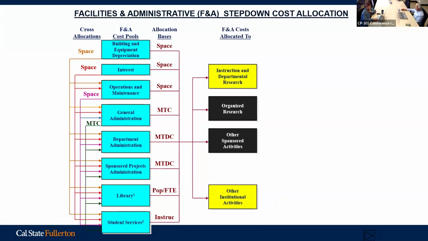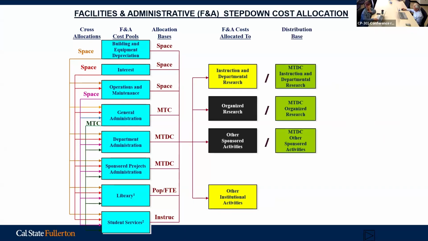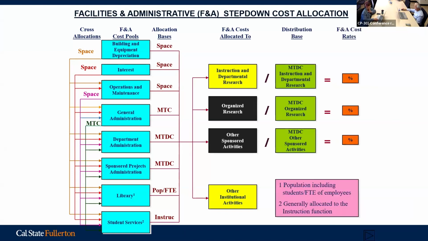And then any other sponsor activities that are not research. And then you have anything that is auxiliary. So you allocate all this and then divide by the MTDC, you get a rate. You take this rate and negotiate with the government. Usually they like to do a discount. You calculate, let's say 50%, they give you 45%, something like that.